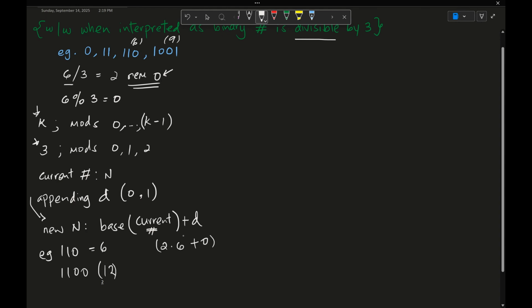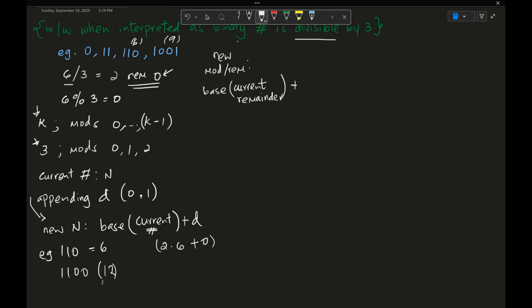The same way that we create numbers using this, we could also create mods using this. Our new remainder equals the base times the current remainder plus d, and whatever answer we get, we mod it with 3.